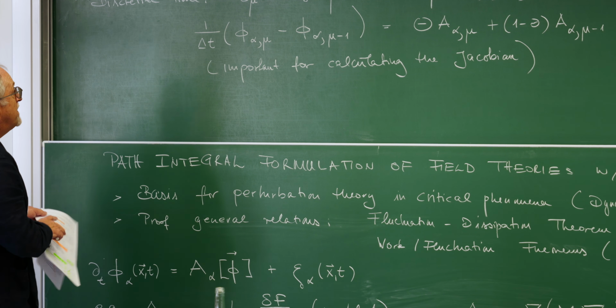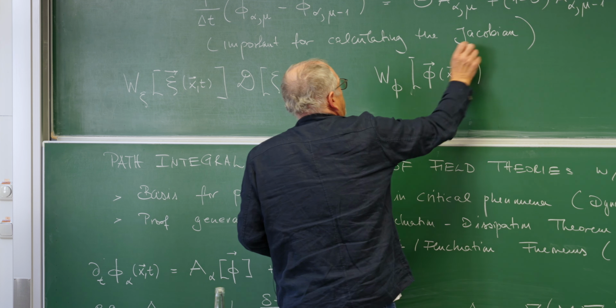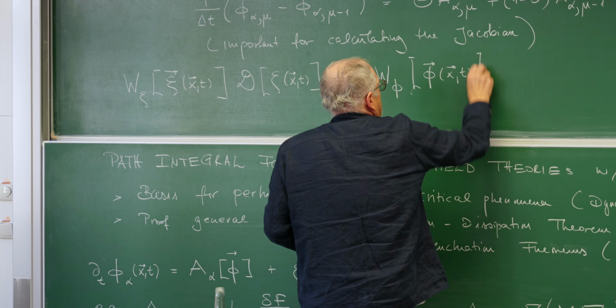So if I take the probability density and multiply it by the corresponding measure for such a trajectory, then this probability that you have here must be the same as the probability that you do have for the fields. Now for the field variables as a function of space and time, it's also a functional. And here I do the same thing, multiply by the corresponding measure of a trajectory phi. Okay? So probabilities need to be the same. That's what this says.